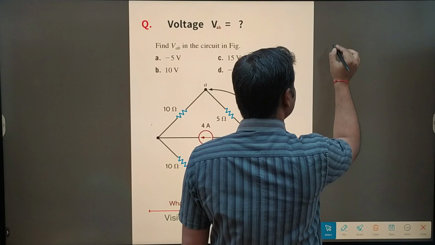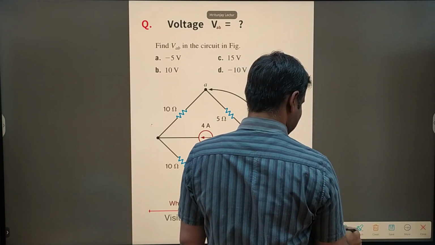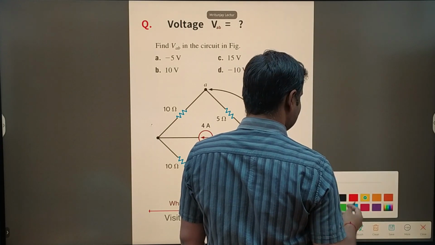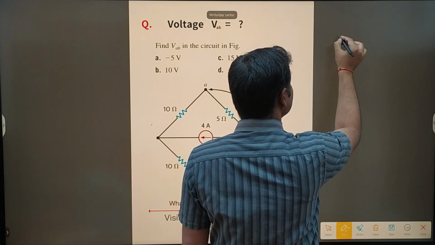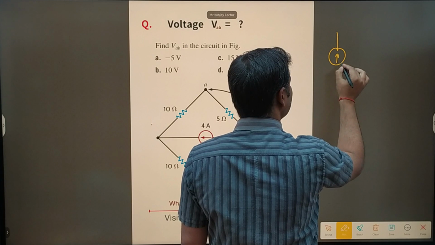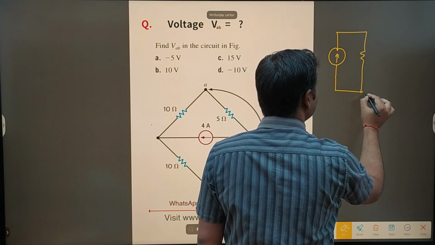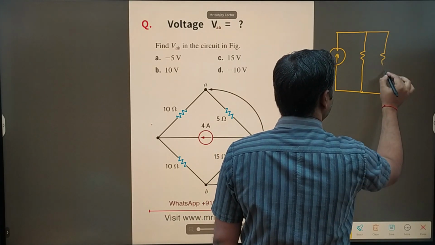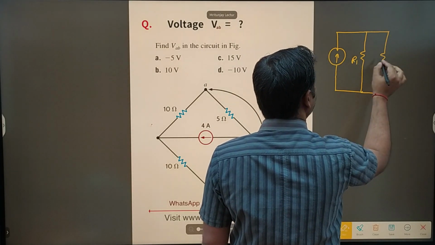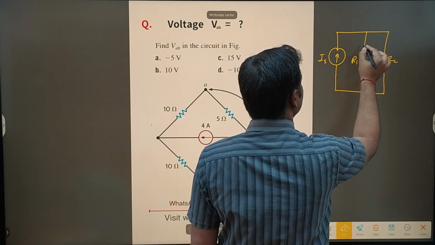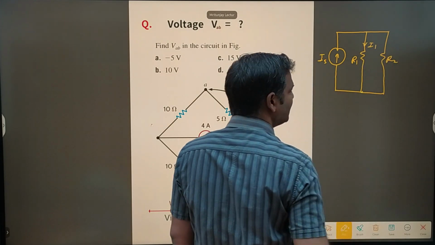What about the current division rule? Here current I, here resistance R1, here resistance R2. Otherwise you can use a lot of methods.